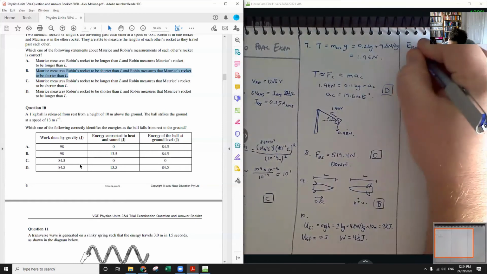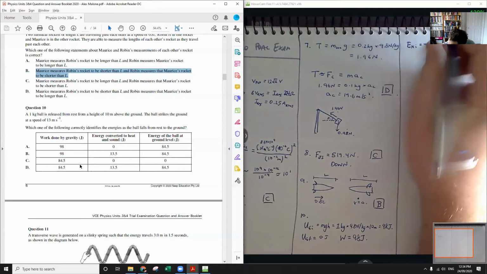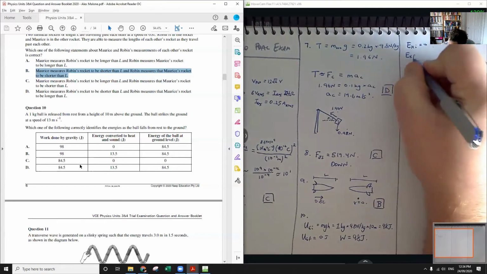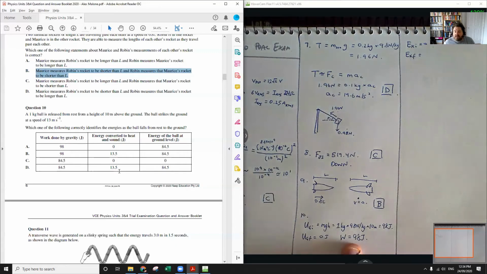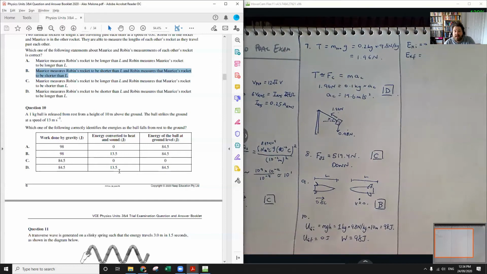EK initial is 0 because it started from rest. EK final, we're told it's going at 13 meters per second. If there was no friction or sound or anything like that, then we would know for a fact that this is 98 joules, because all of the gravitational energy would get perfectly converted to kinetic. But we're being told that there's something else going on here, maybe. So we have to check this directly.